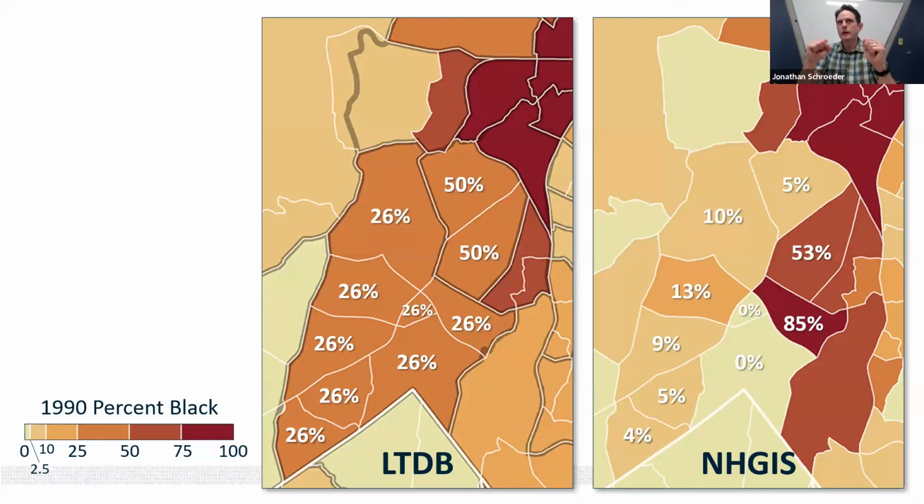How much? Well, we use block level data to estimate the portion of the 2010 block group that's in that 2020 block group. And at the block level, we don't have to restrict ourselves to just population.